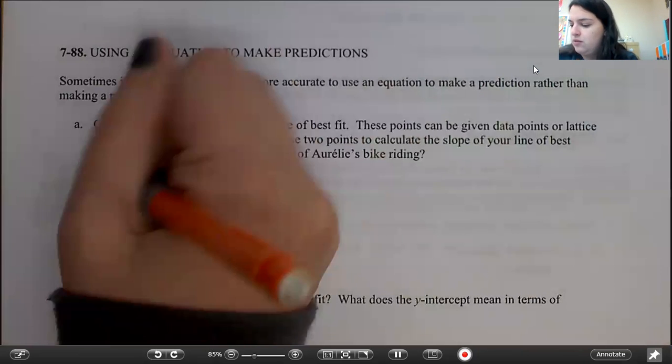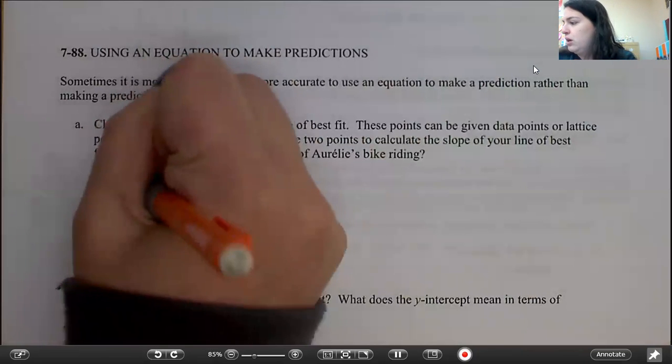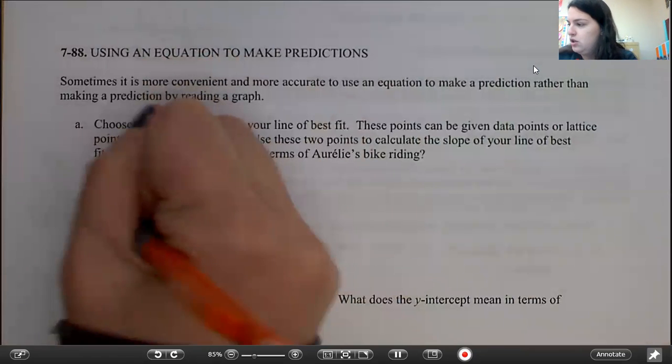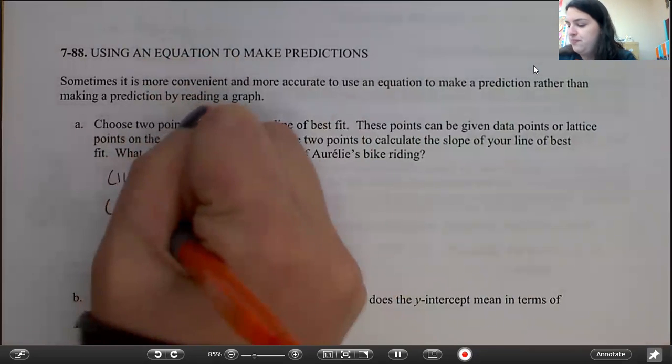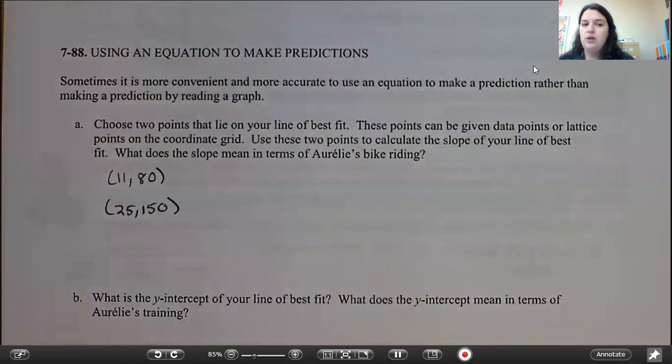So I'm going to give you the 2 points to use. You're going to use the points (11, 80) and (25, 150). So what I would like you to do now is find your change in y over your change in x, which is going to be your slope.